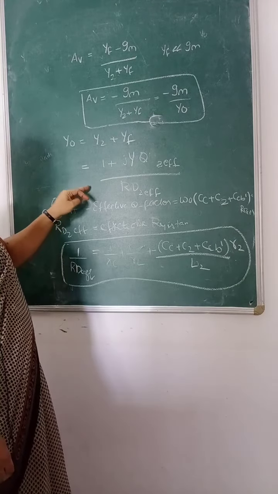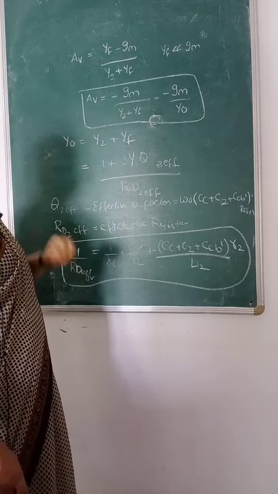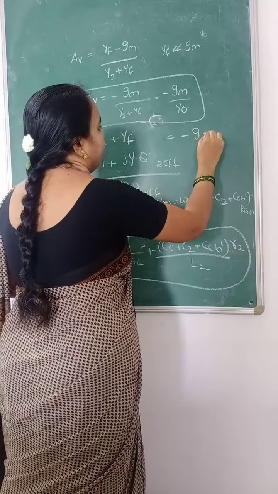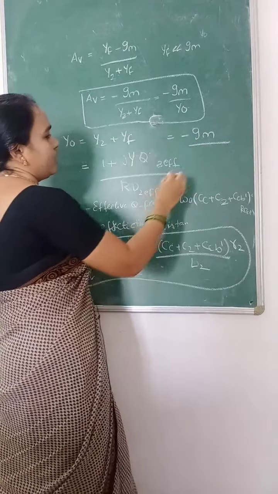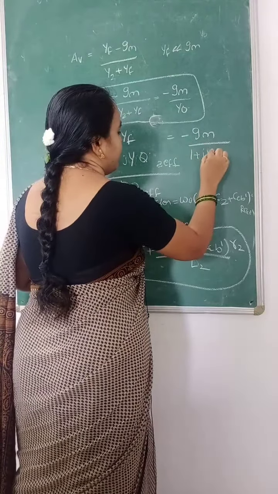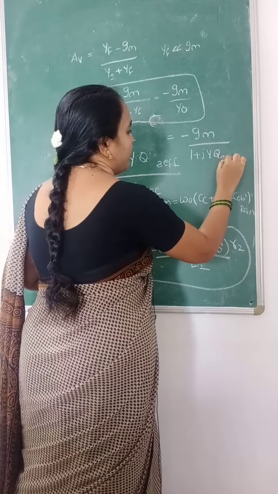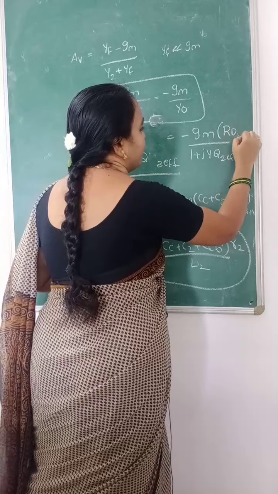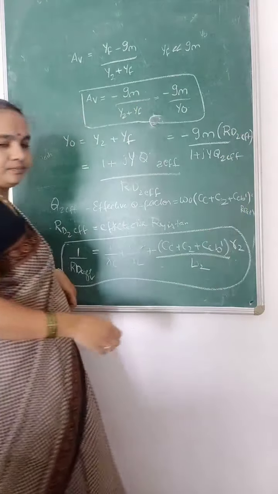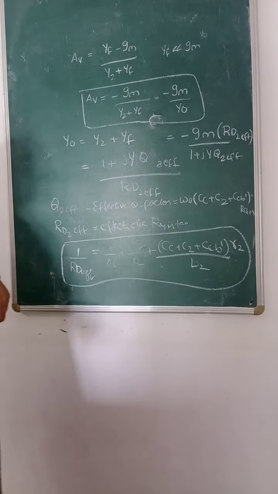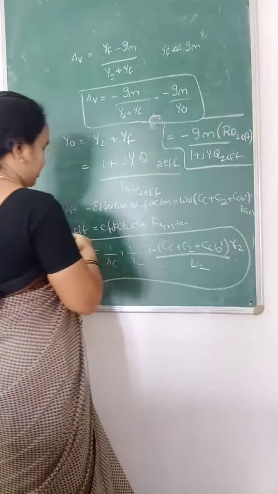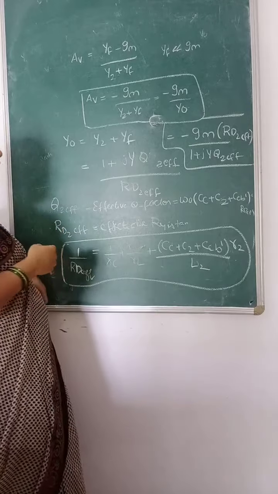So if we substitute this Y0 value in this equation, we will get minus Gm divided by Y0, which is 1 plus jy Q2 effective divided by Rd2 effective. This is the gain of the tuned amplifier in terms of effective resistance and the Q factor.